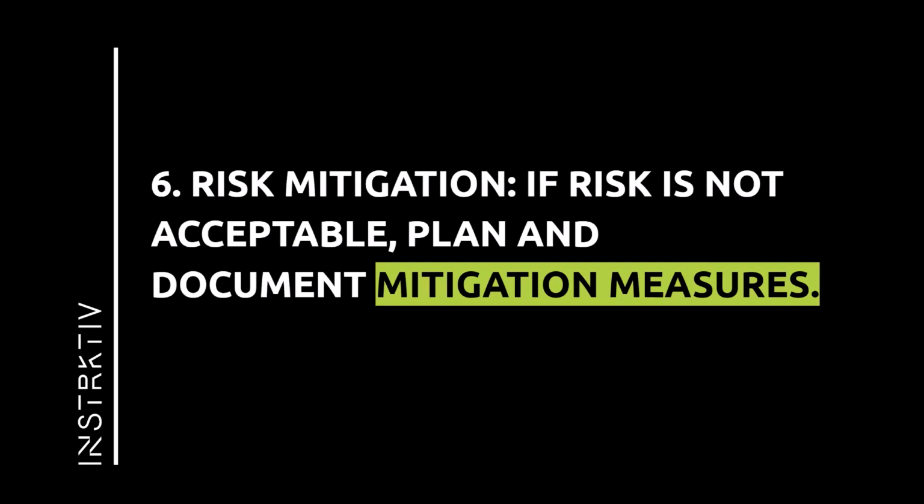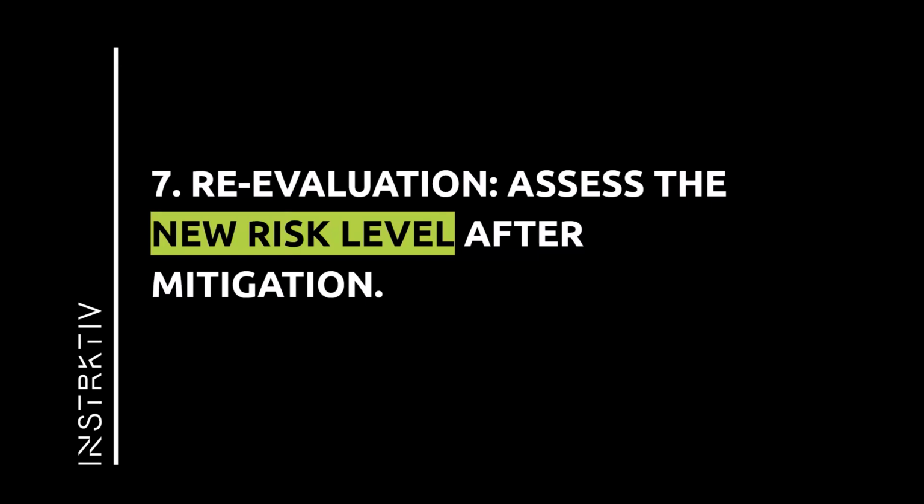In step 6, you do the risk mitigation. So if a risk is not acceptable, then you plan and document the mitigation measures. Then a re-evaluation follows. So basically you assess the new risk level after the mitigation.